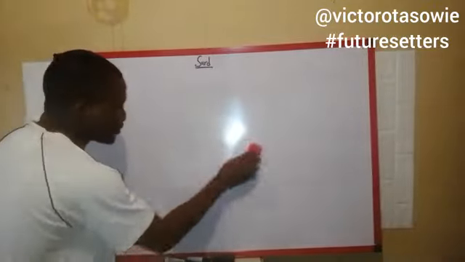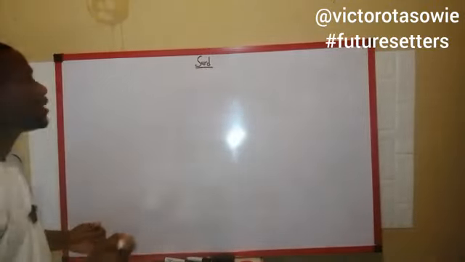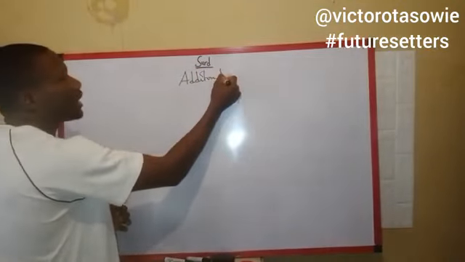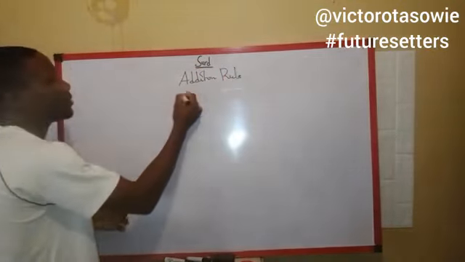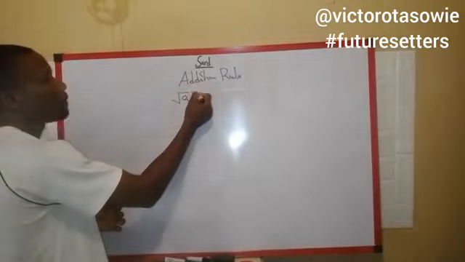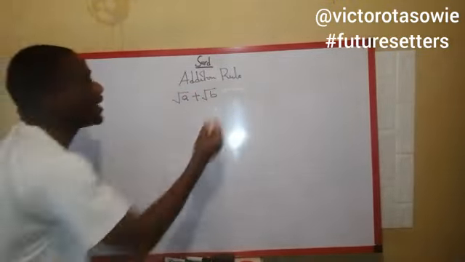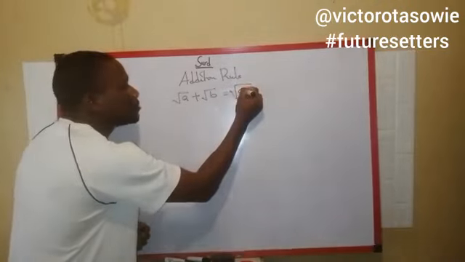Now, under surd, there are certain things you need to know. The first part has to do with the addition rule. In the addition aspect, you have root A plus root B. Some of you will be wondering, will I just write square root of A plus B?